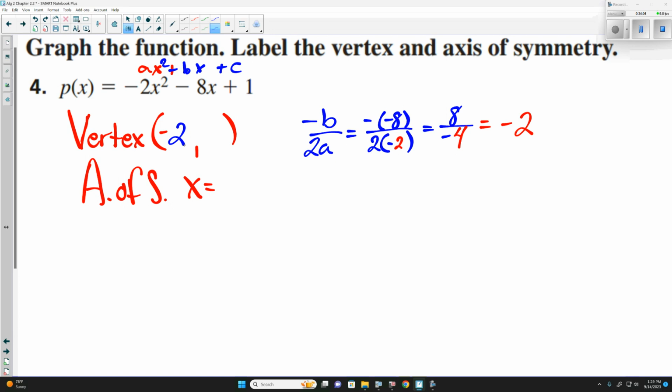Now the next part is what? To find the y value of the vertex, yes? So we're going to plug -2 into our equation and simplify.